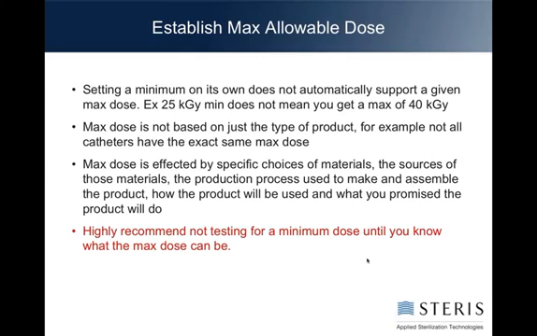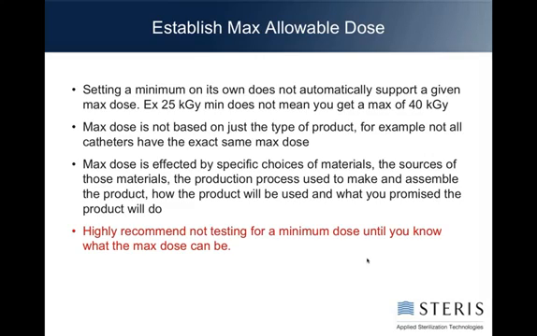I always tell people, and that's why it's in red here, it is highly recommended to not start testing for your minimum dose until you know what your maximum dose can be. Setting a minimum dose on its own does not automatically give you support of a given maximum dose.